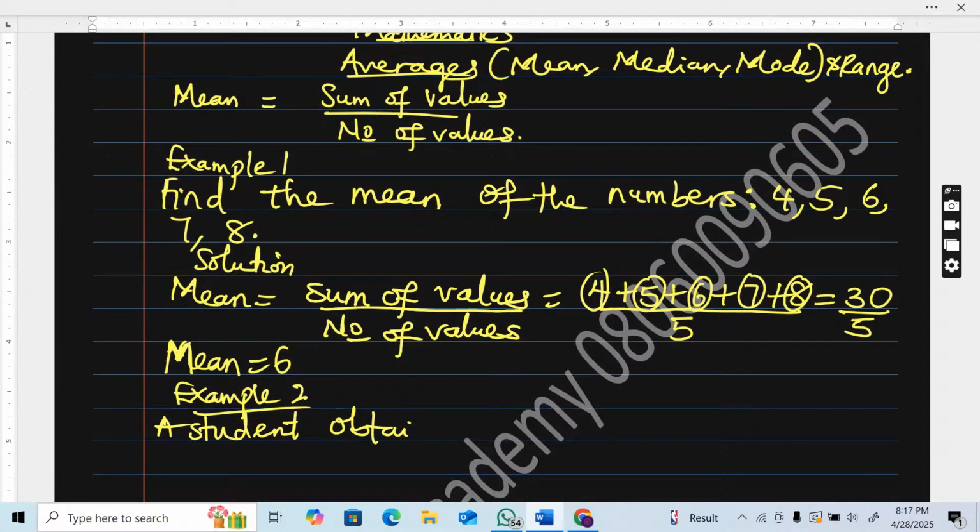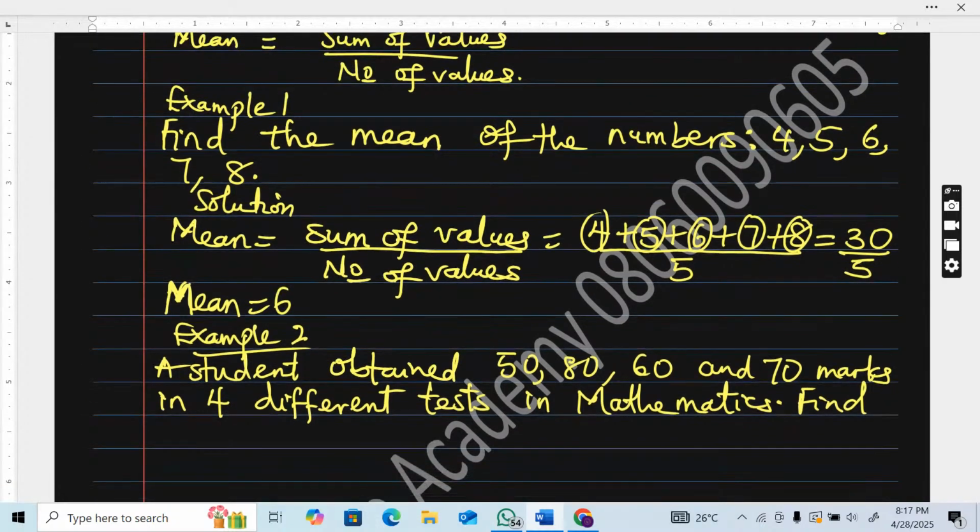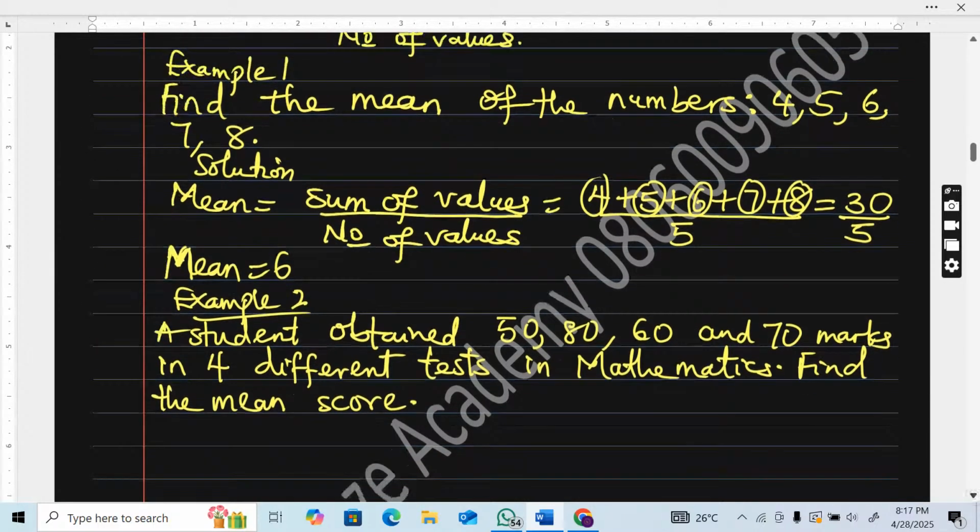A student obtained 50, 80, 60, and 70 marks in 4 different tests in mathematics. Find the mean score.